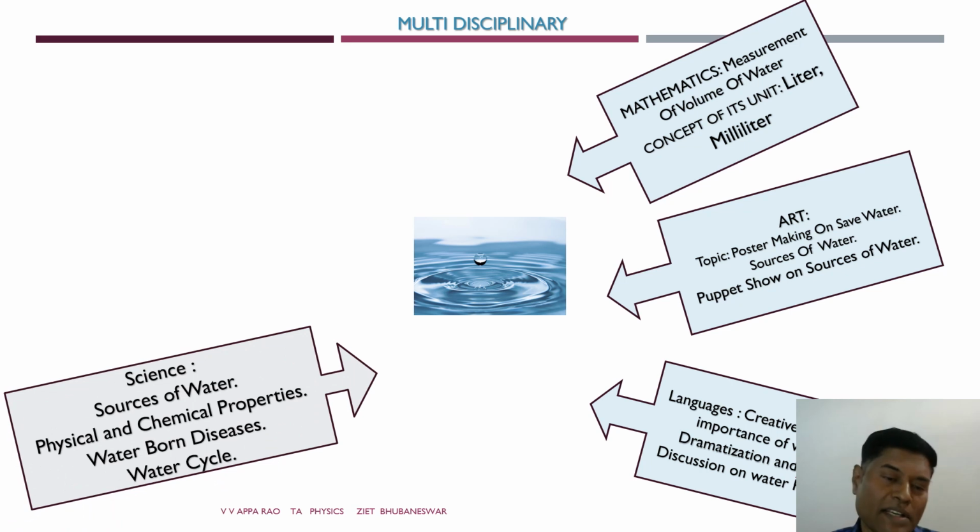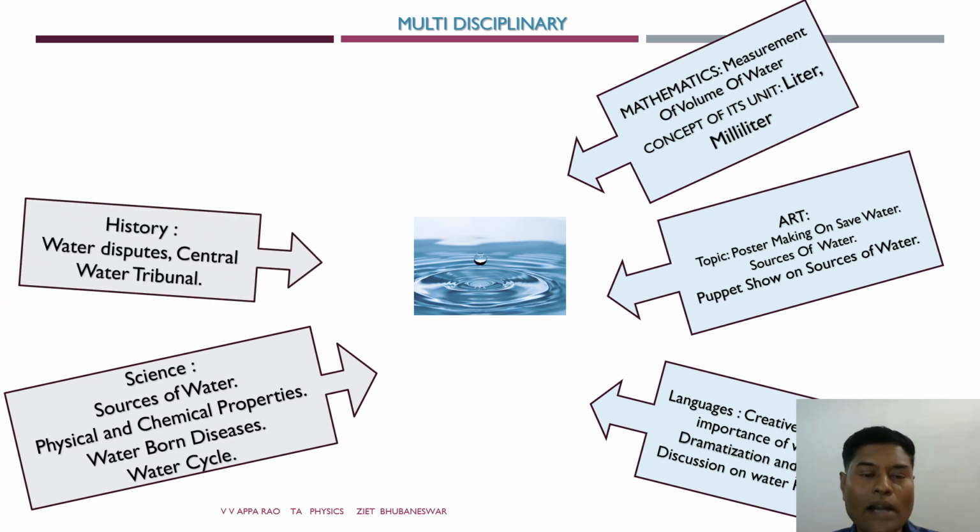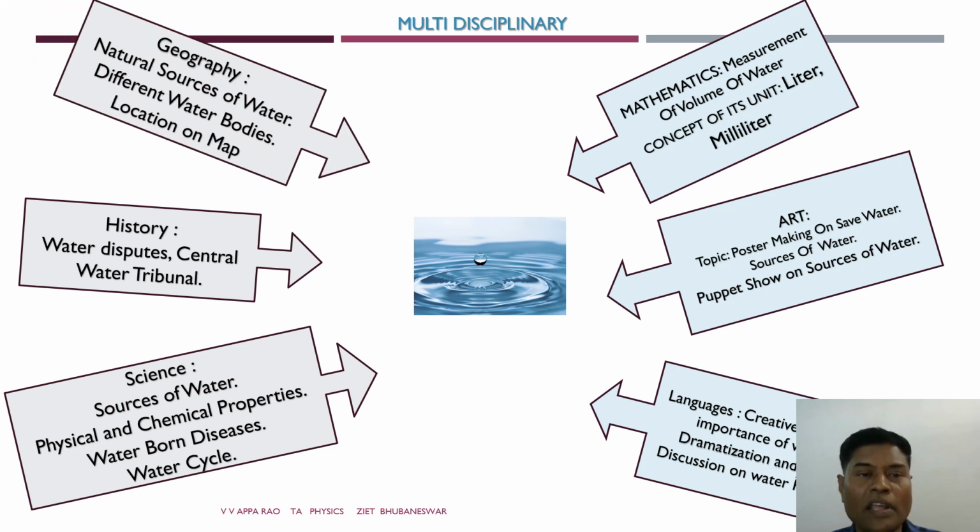In science, sources of water, physical and chemical properties, waterborne diseases, water cycle. In history, water disputes, central water tribunal formation. In geography, natural sources of water, different water bodies, location on map. Here, all are connected with water. That is the theme, but each subject has its own learning outcomes on the same theme.